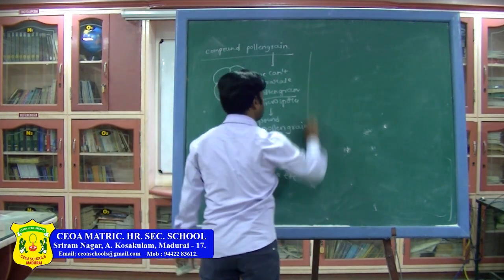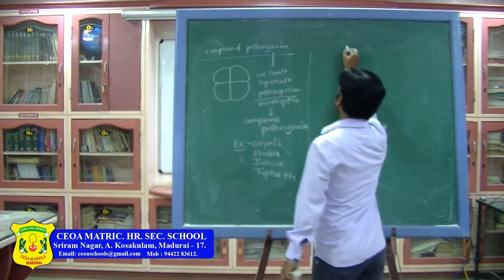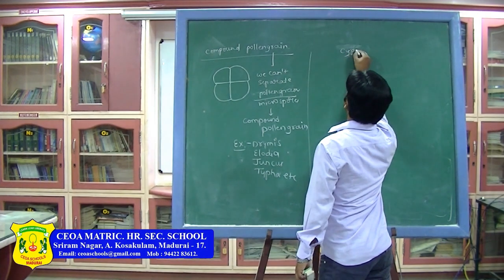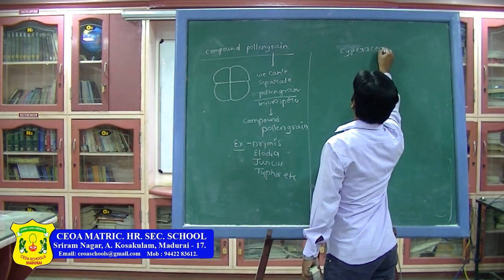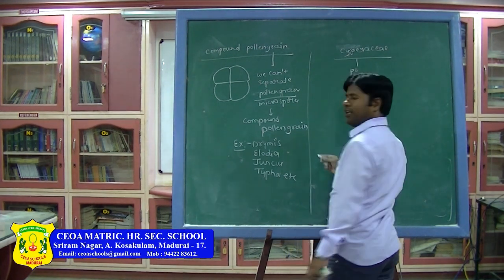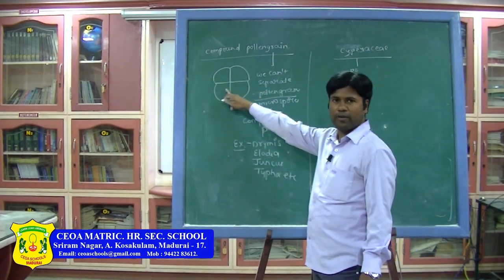Next, the Cyperaceae family. In Cyperaceae family members, what happens? When we see pollen grain formation, usually 4 are forming. How many are forming? 4.